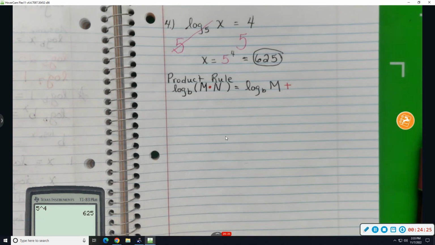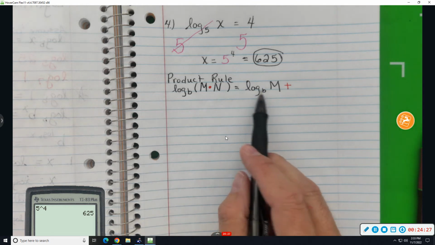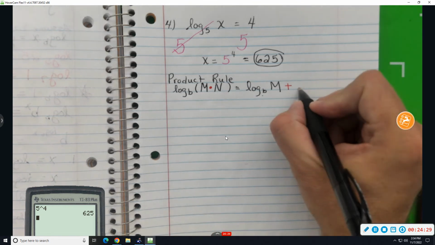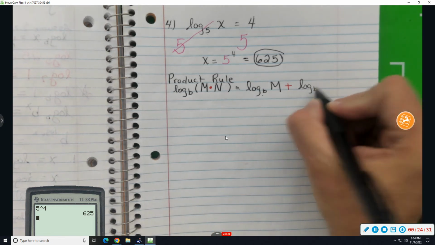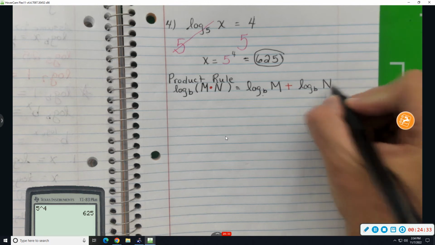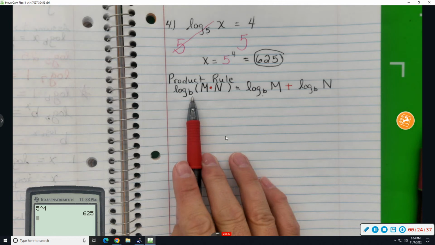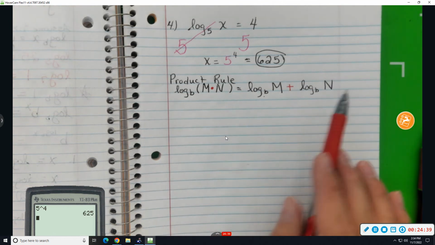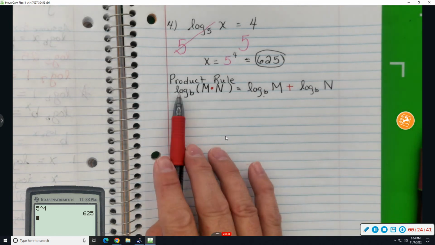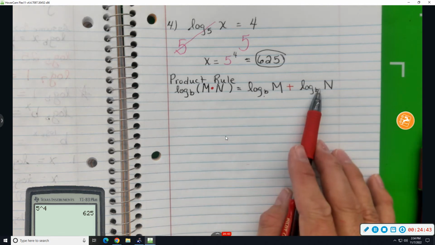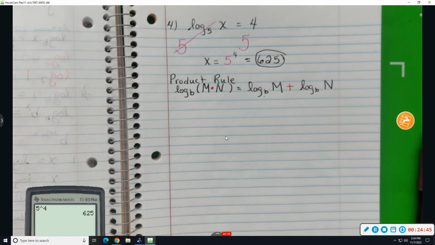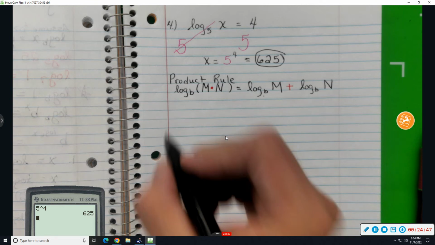Log base b of m times n we can write as log base b of m plus log base b of n. What we're doing here is expanding the logarithm. We've gone from 1 logarithm to 2 logarithms. There's the product rule.